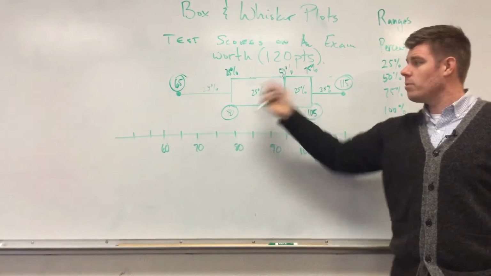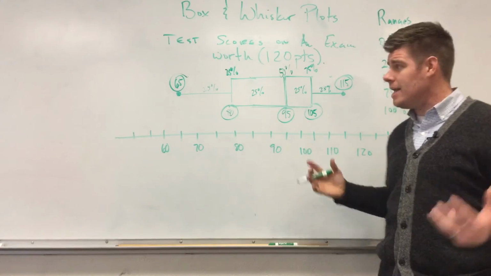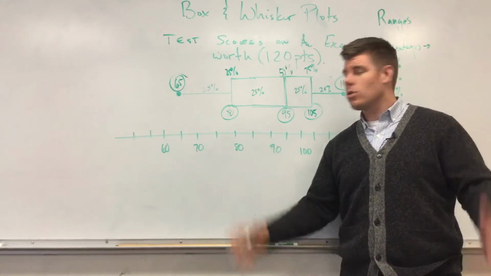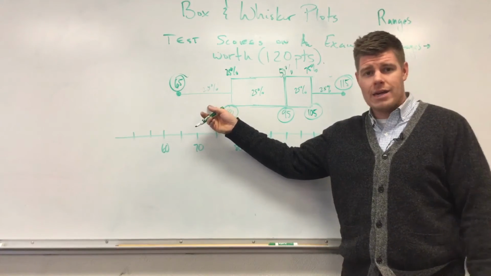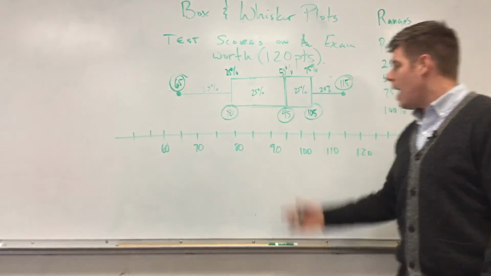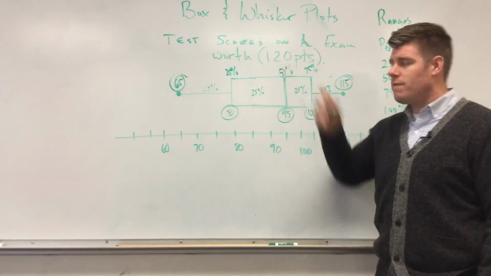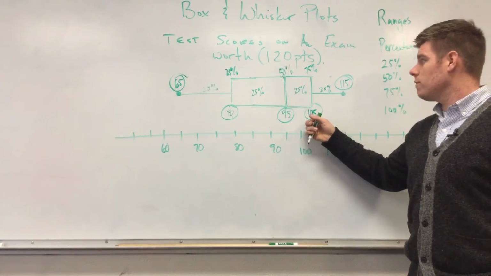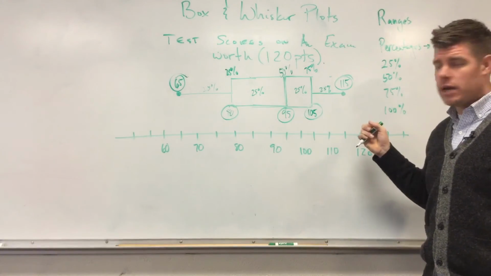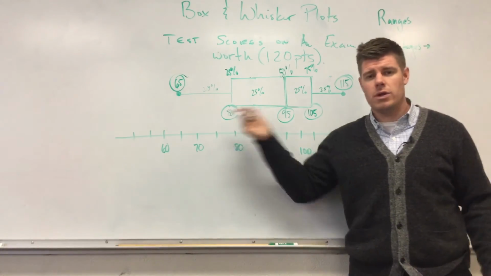If one of these 5 numbers isn't there and I ask you a question about any other number, so if I say, did 25% of my class score a 70? Answer, no. Why not? Because I can only talk about 80 and 25%. I can only talk about 95 and 50%. I can only talk about 105 as being 75% below or 25% above. So that's why you need to find these 5 values.